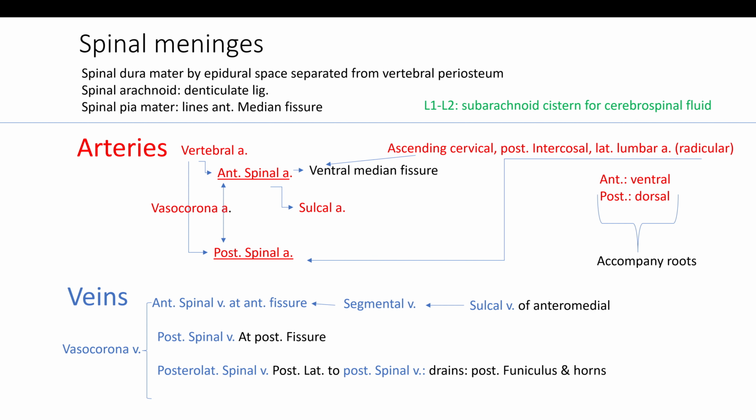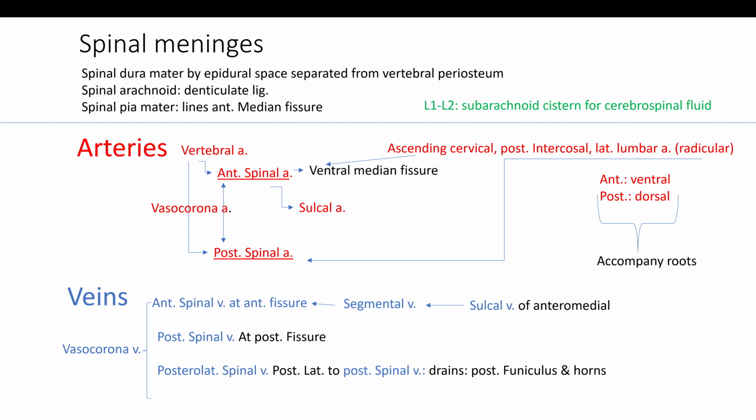The anterior spinal artery bifurcates from the vertebral artery and goes through the ventral median fissure, and then it's supplemented by the ascending cervical artery, posterior intercostal artery, and lateral lumbar artery, which we call the radicular arteries, which are also branches of the vertebral artery.